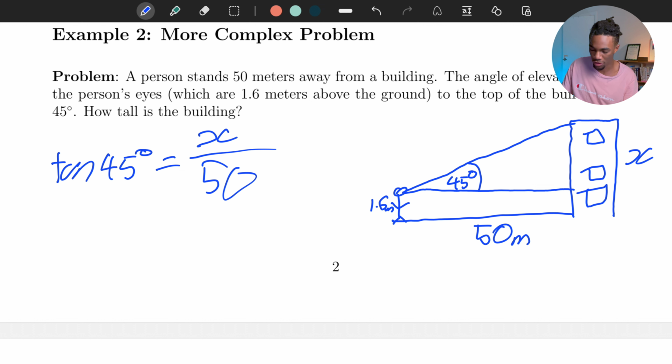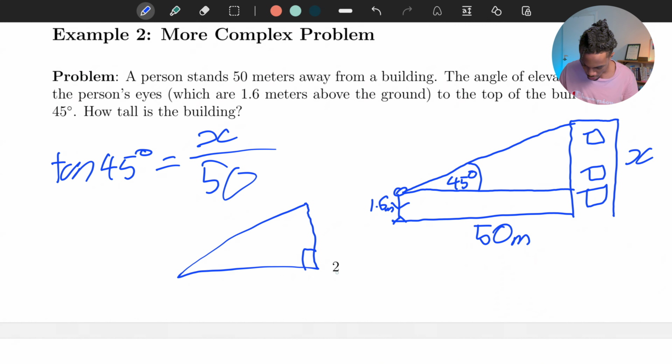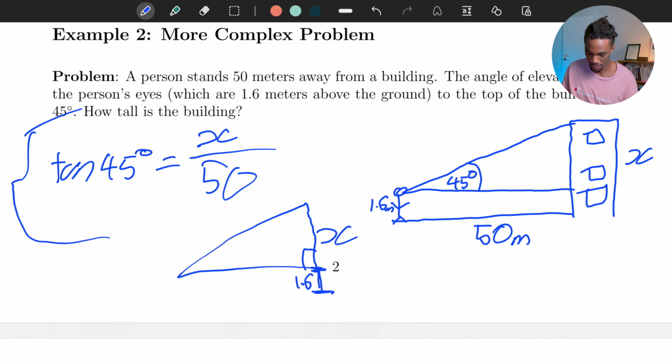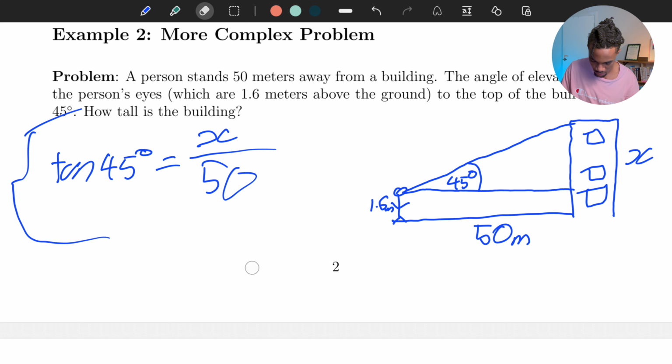The only thing with this is that this person is 1.6 meters above the ground. So if we draw this out again, we've got the right angle here. When we're calculating this equation here, we're calculating this part, but the final equation is going to have x plus the 1.6. So how do we do that?